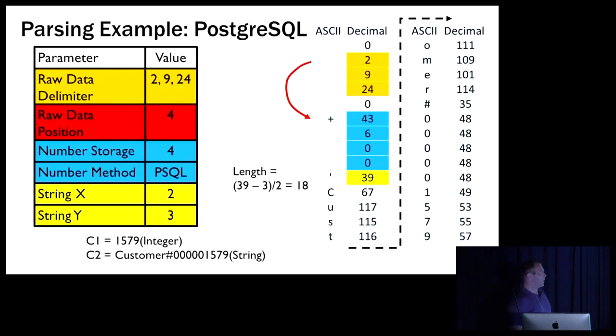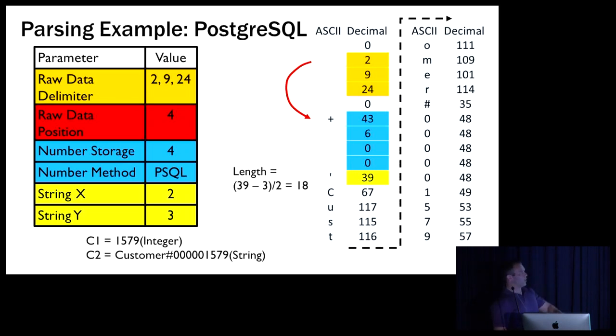So this slide shows an example of how we use the parameters to actually reconstruct the data. On the left, I have the parameters we're going to use, and on the right, I have a small snippet of a row from a raw data file, with each byte represented with the ASCII character and decimal value.